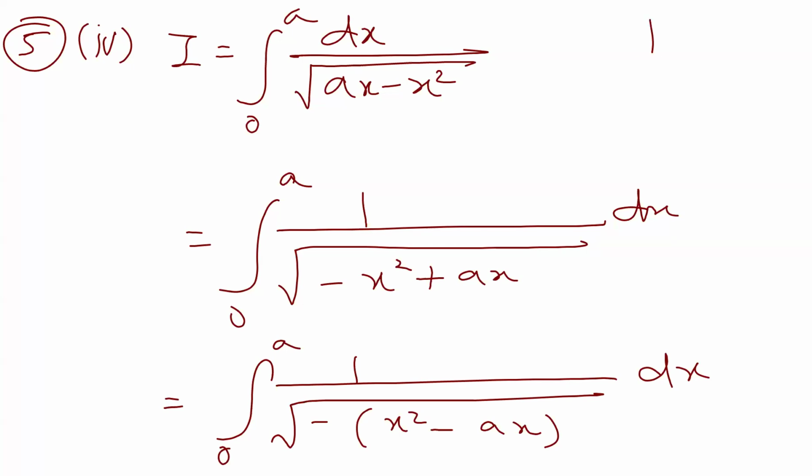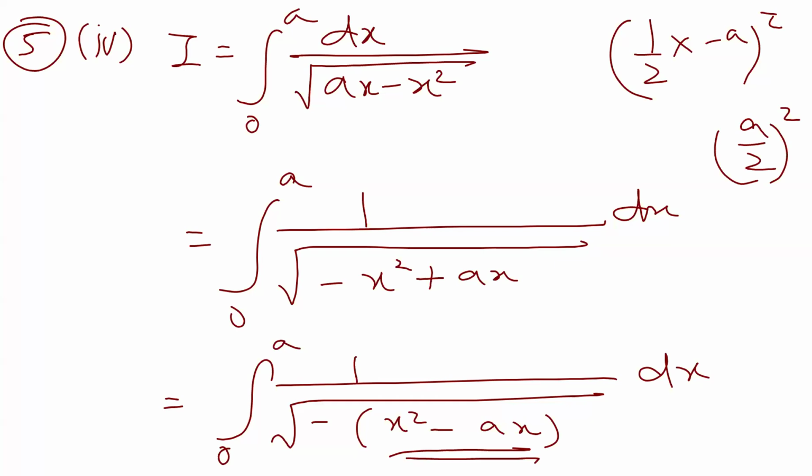So half into coefficient of x. Coefficient of x is minus a. So a by 2 the whole square. So we are going to add a by 2 the whole square and we are going to subtract a by 2 the whole square.